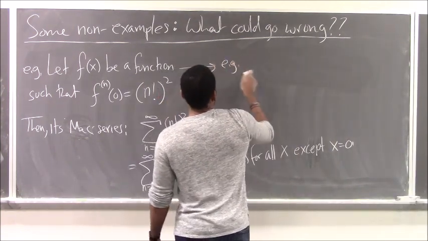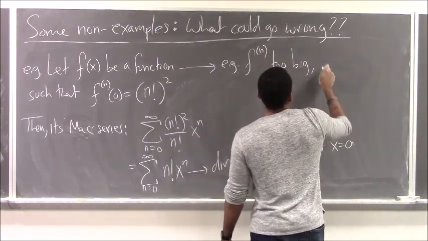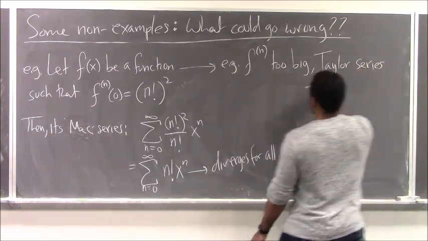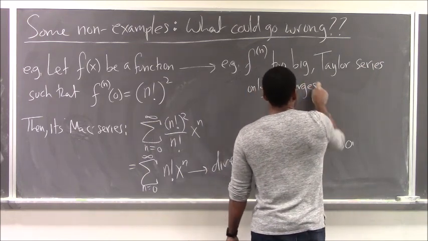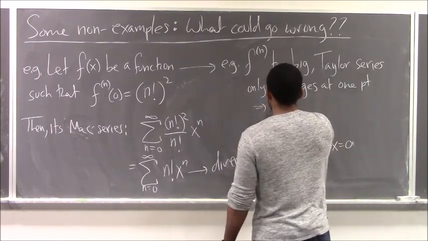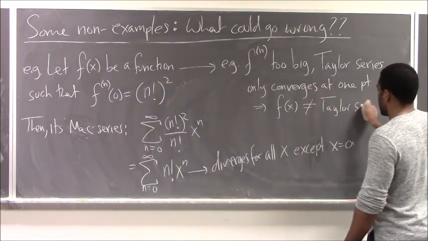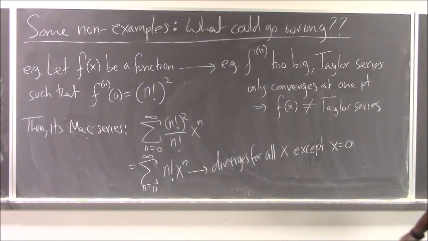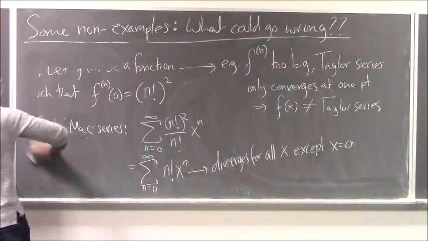In this example, f to the n is too big, the Taylor series only converges at one point, which means f is not its Taylor series. So when your derivatives get too big, your Taylor series fail.